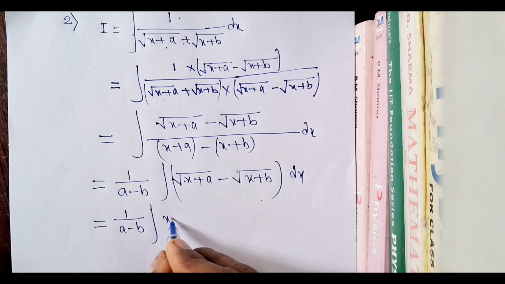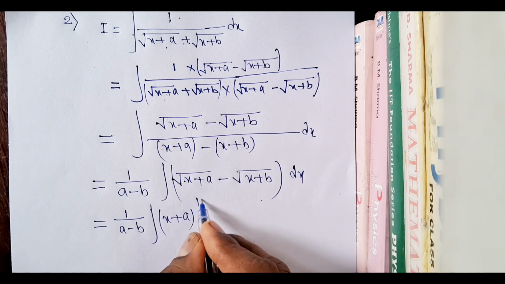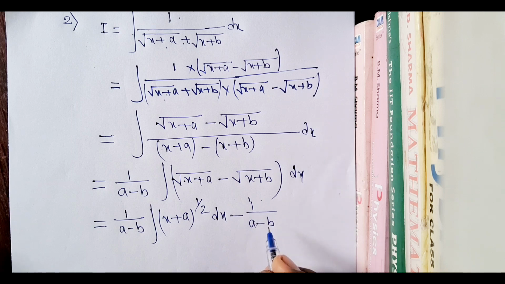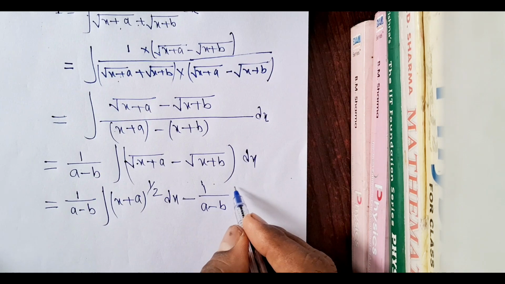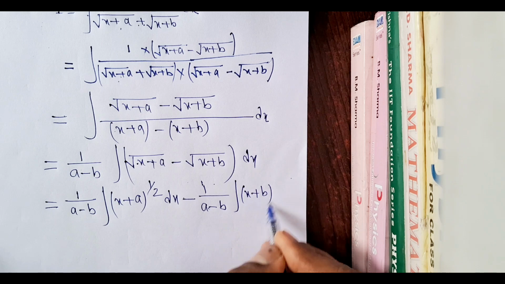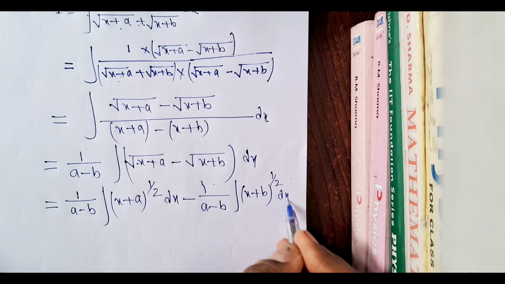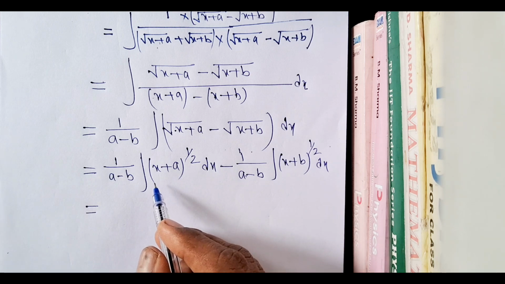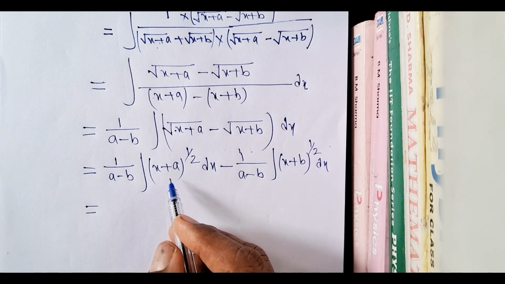Then easily you can solve it: 1 by a minus b integration. Root of x plus a means, in exponential form, x plus a whole to the power half dx, minus 1 by a minus b integration of x plus b whole to the power half dx. After that it's simple: x to the power n integrates to x to the power n plus 1 by n plus 1.